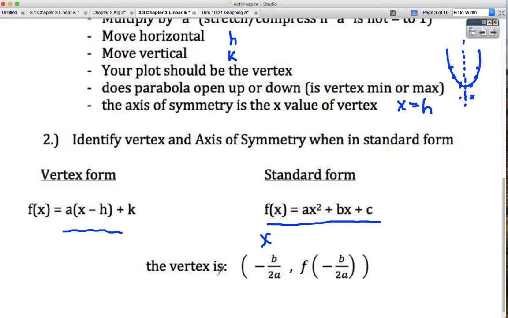So that also is the vertex when it's in standard form. You will be responsible for both. You need to be able to take it from vertex form using this method, but also transforming a quadratic from standard form to vertex form by completing the square.